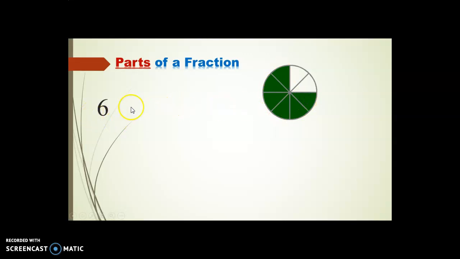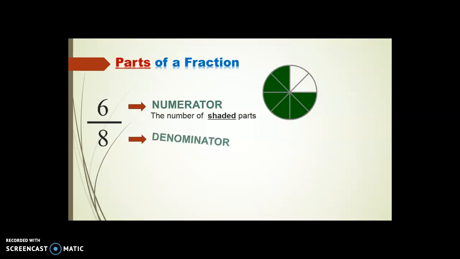I have 6 shaded parts. 6 is called the numerator. Numerator means the number of shaded parts. From how many parts, or total parts? 8. So 8 is called the denominator. Denominator is the total number of parts that equal a whole.